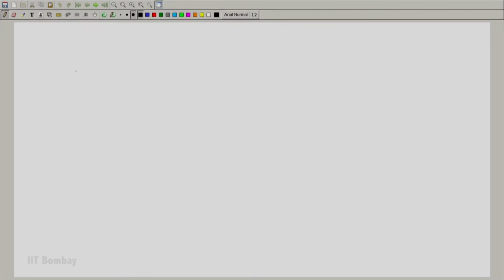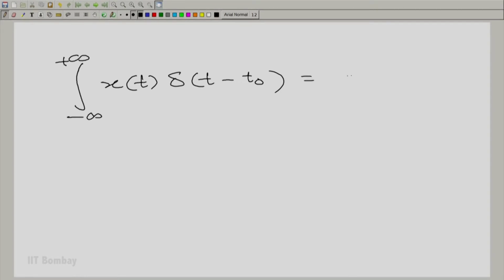We had said that an integral from minus infinity to plus infinity of x(t) delta(t minus t0) gave us x at t0, and we noted that we could choose delta(t) symmetric about 0.